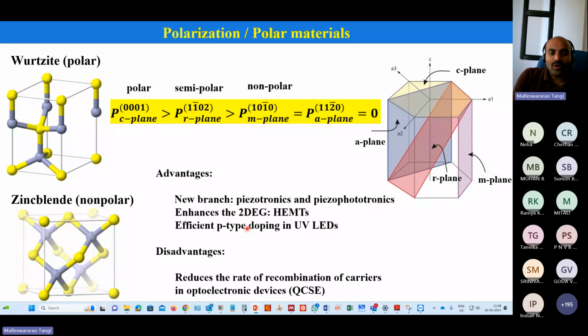This polar nature also gives p-type carriers in UV-wavelength AlGaN materials. As discussed, the main disadvantage is that it reduces the rate of recombination of carriers, and hence gives low efficiency LED devices.